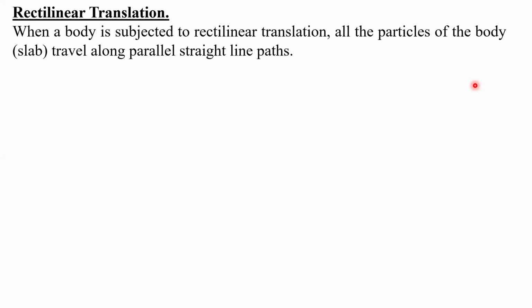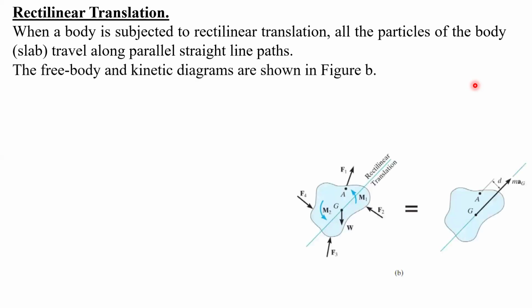Rectilinear translation. When a body is subjected to rectilinear translation, all the particles of the body travel along parallel straight lines. The free body and kinetic diagrams are shown in Figure B. This is the free body diagram and this is the kinetic diagram.